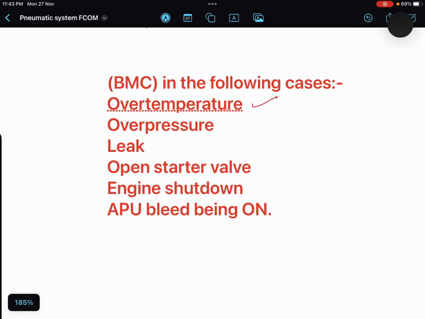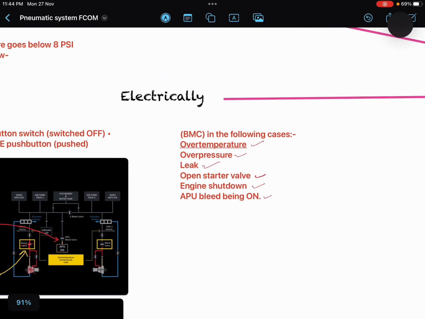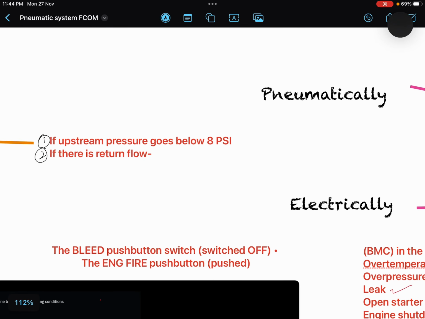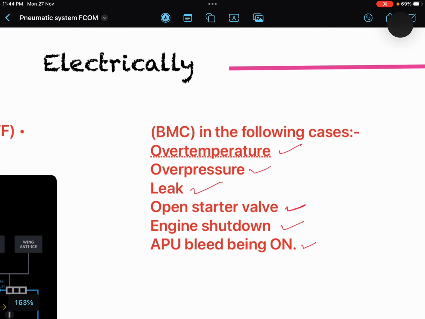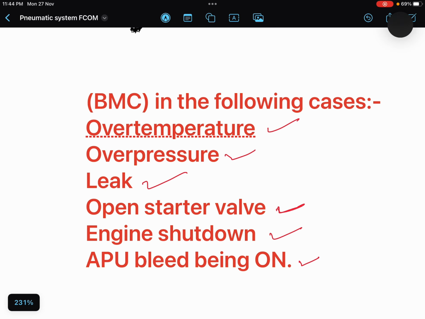If over temperature is sensed, over pressure is sensed, open starter valve is sensed, leak is sensed, engine shutdown is sensed, or APU bleed is on, in all these cases your BMC will close the bleed valve automatically, electrically, right? Now it makes sense. Now you know both the pneumatic closure conditions, and all the electrical closure conditions with the help of BMCs.